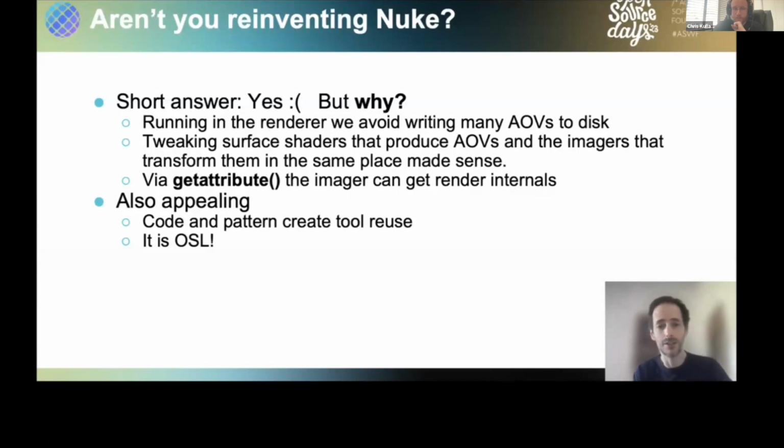And of course, there's other appealing things like reusing our tools for shading network design that we use normally for the rest of the process. And of course, it's OSL, so it's your favorite language applied to this image compositing.